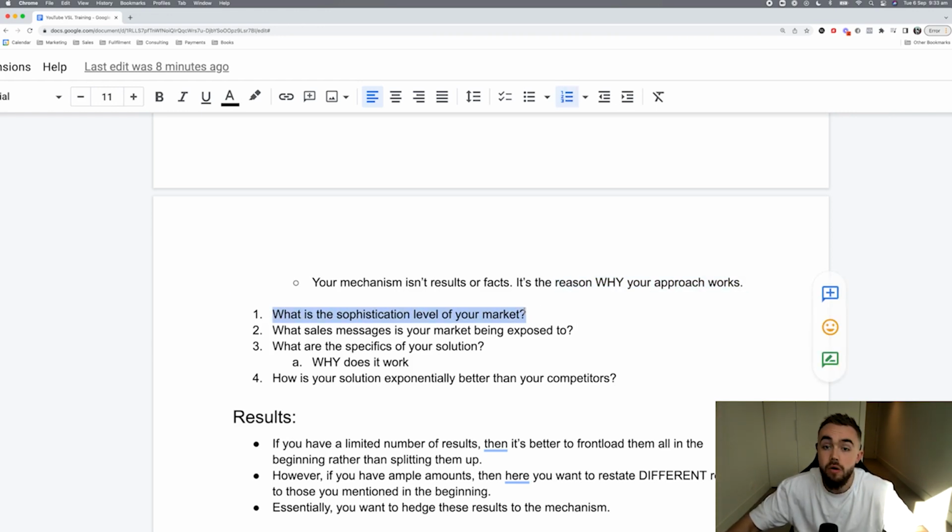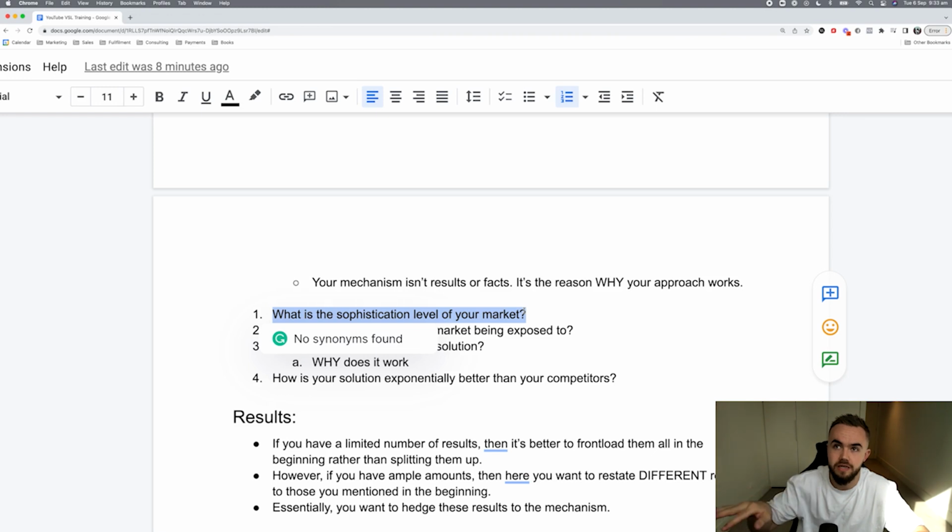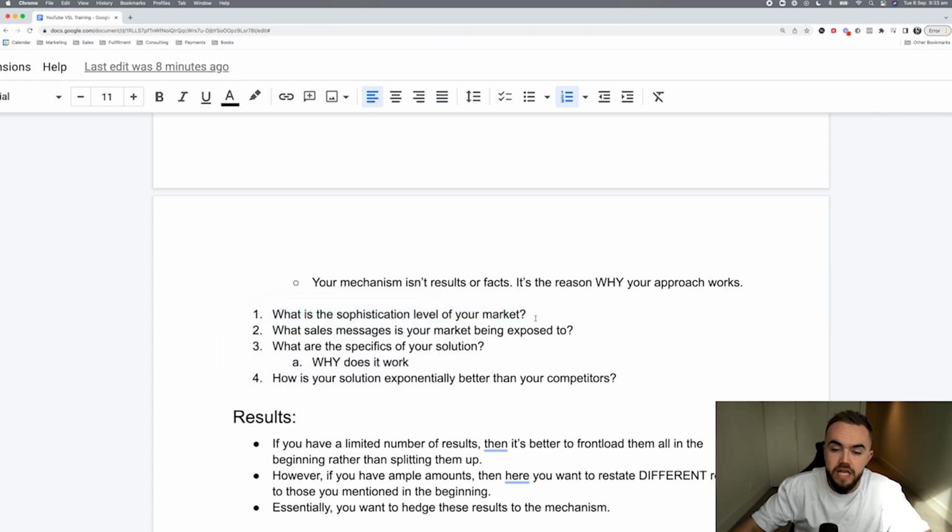Does that make sense? Whereas if there was a new platform, just say some new platform called X, and no one's on it in terms of running ads, then the sophistication level of your market surrounding running ads on X is not high whatsoever.